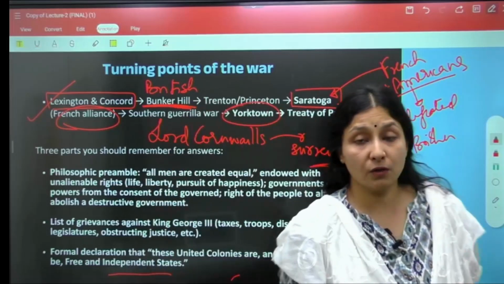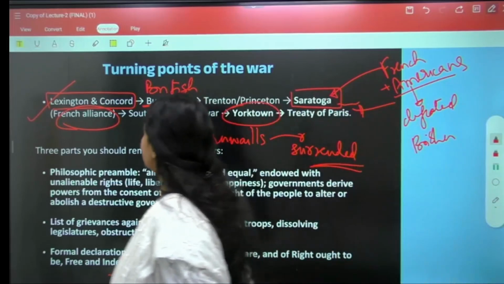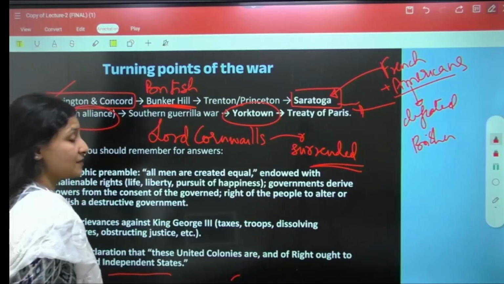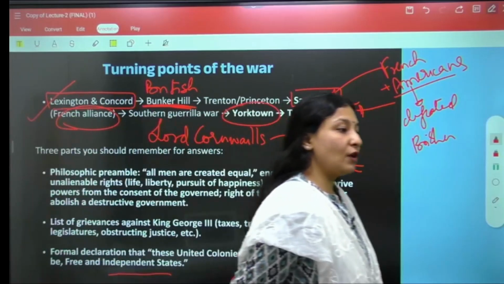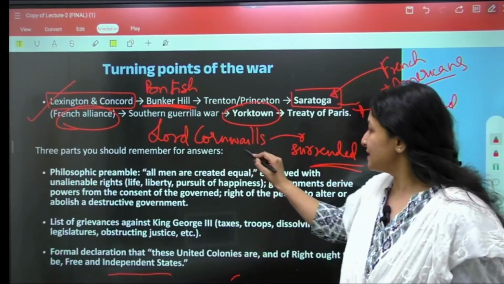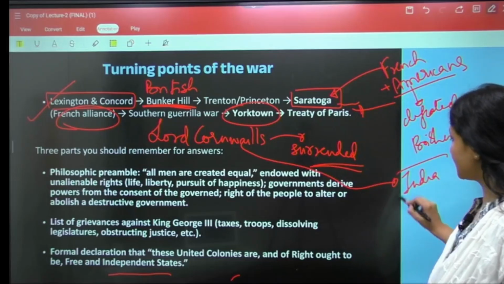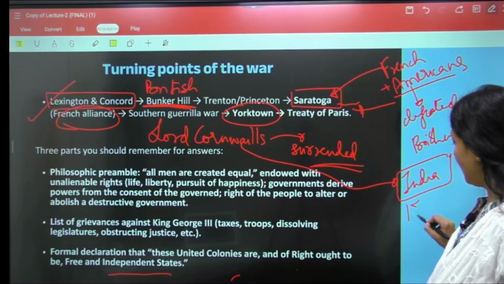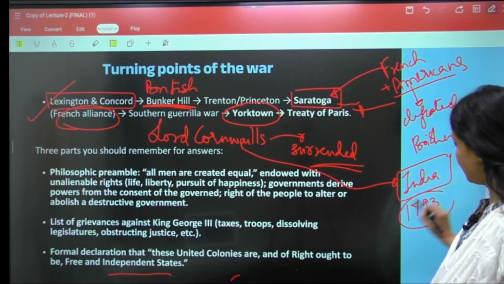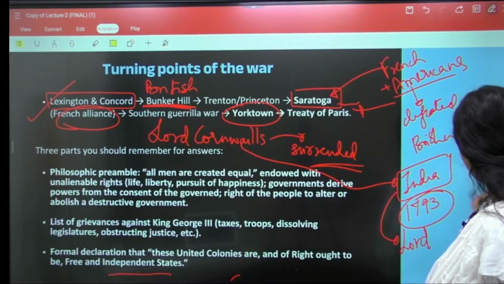Now, George Washington. It is even said, if you note the date, that Cornwallis, because he lost over here, was sent to India. Okay, he lost here in America, he was sent to India, and in 1793, when he came to India, he led to the passage of the Cornwallis Code.